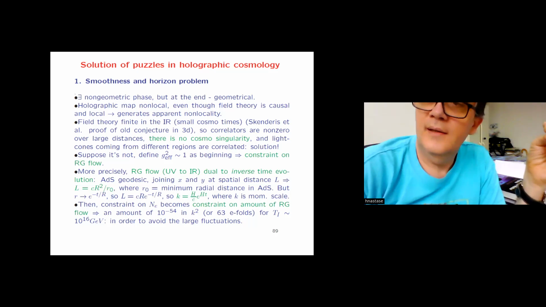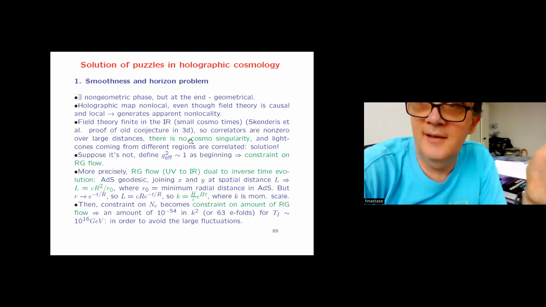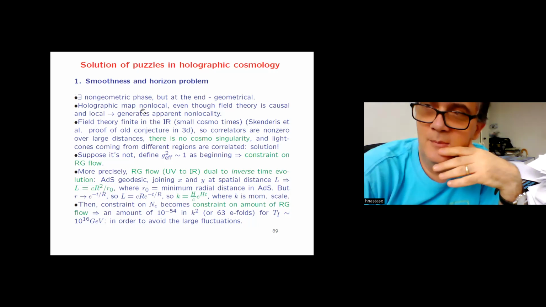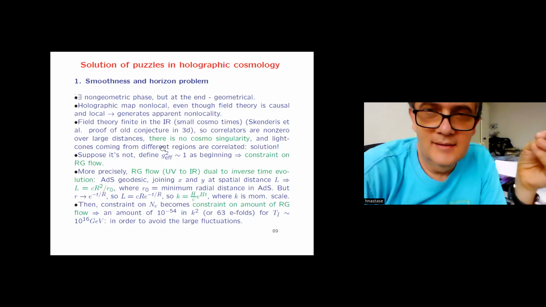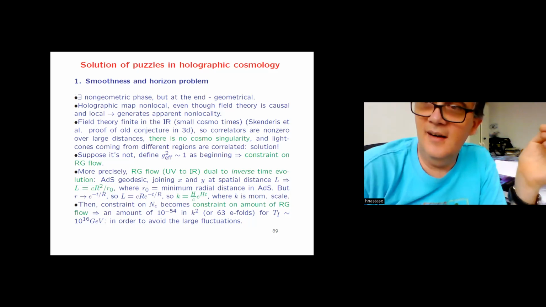So there is an absence of cosmological singularity, which is much more than the solution to the smoothness and horizon problem that we wanted. And this also gives the fact that the light cones coming from different regions are correlated.